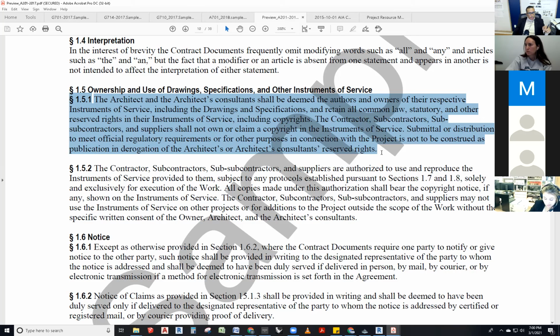The contractors, subcontractors, and suppliers shall not own or claim a copyright in the instruments of service. Submittal or distribution to meet official regulatory requirements or for other purposes in connection with the project is not to be construed as publication in derogation of the architect's or architect's consultants' reserved rights.